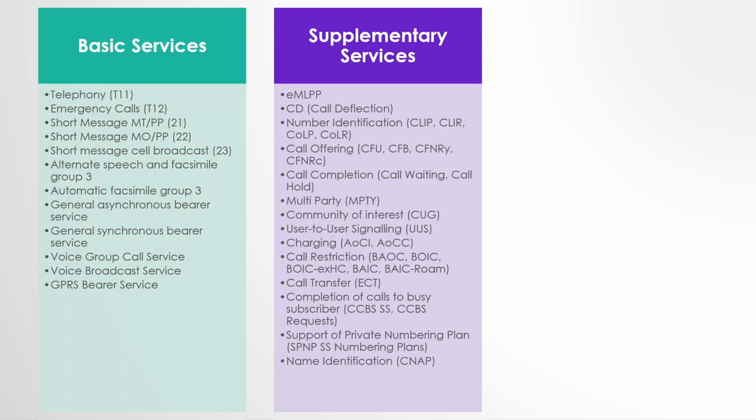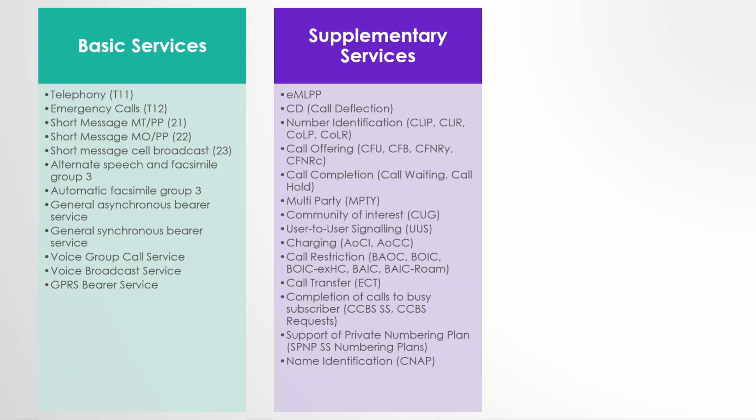Explicit call transfer supplementary service enables the served mobile subscriber who has two calls, each of which can be an incoming or outgoing call, to connect the other parties in the two calls and release the served mobile subscriber's own connection. Completion of calls to busy subscriber supplementary service that helps when a subscriber encounters a network determined user busy when dialed, then the network will monitor the called number to become idle and initiate a recall to calling subscriber.